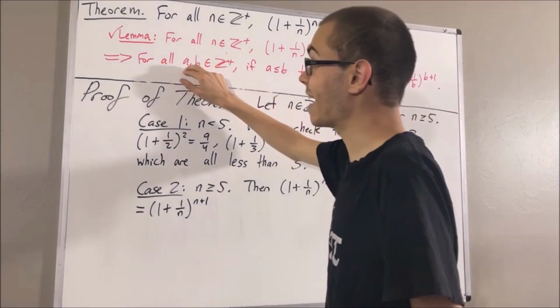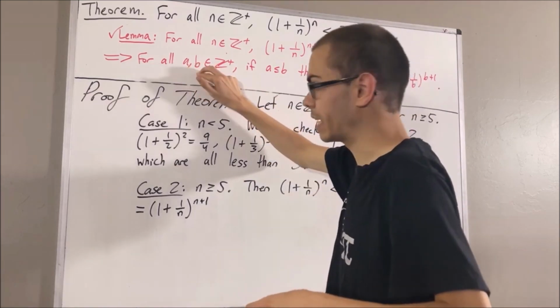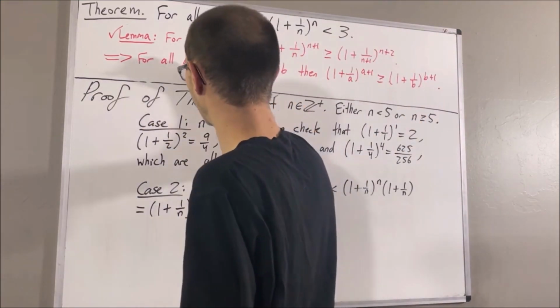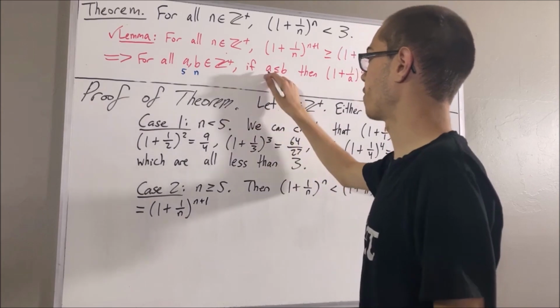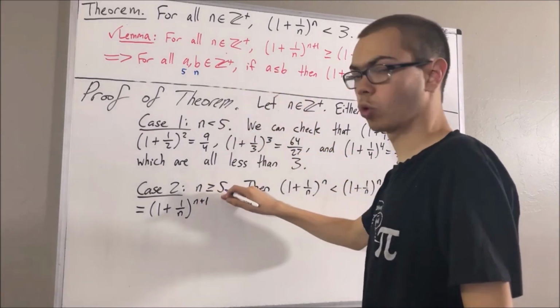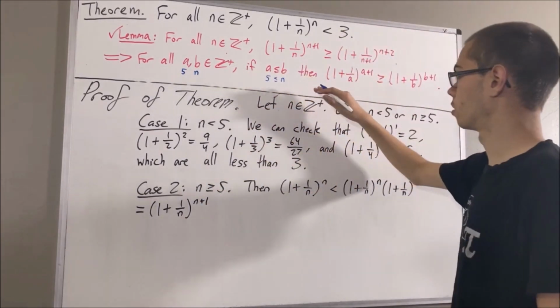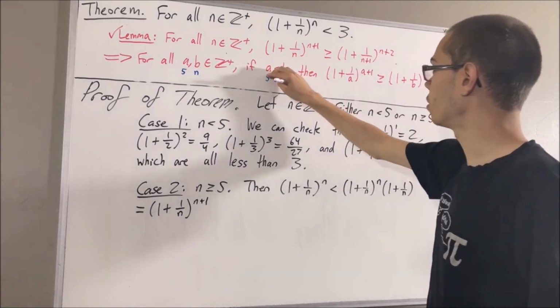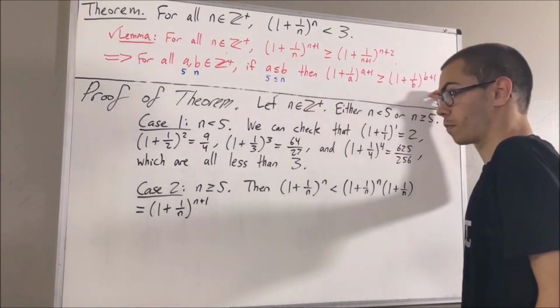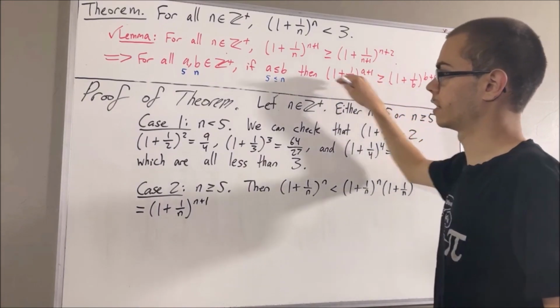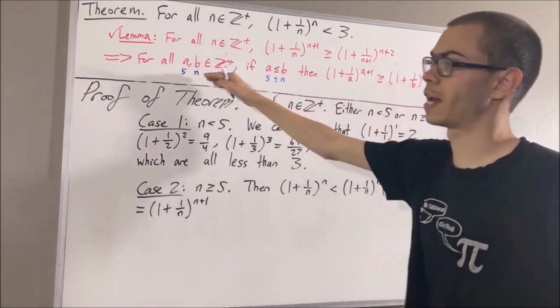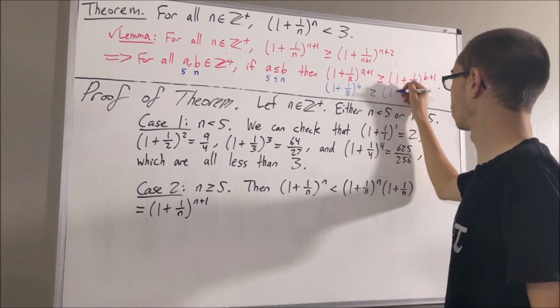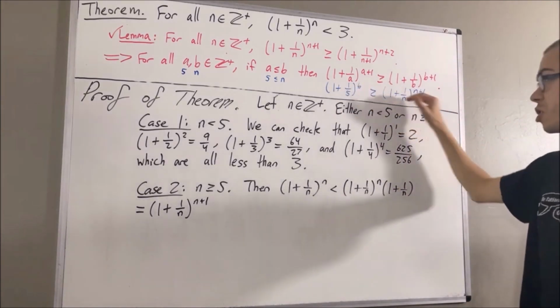We're going to take a to be 5 and b to be n. Well, we know that 5 is less than or equal to n because that's the case we're working under. Because that is true, we must have that this is true in the case where a is equal to 5 and b is equal to n. So this is true.